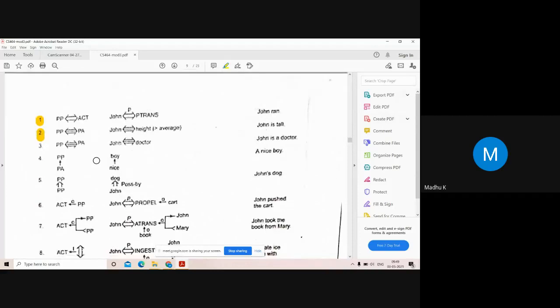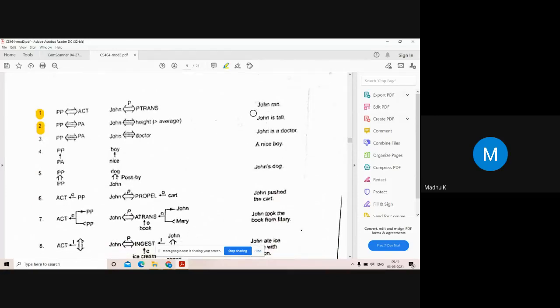So the first case is "John ran." Who is the picture producer? John is the picture producer, and he ran. Ran means he is moving from one location to another.